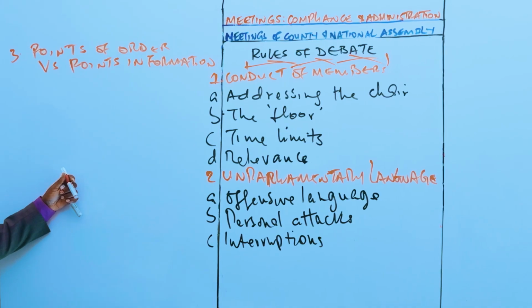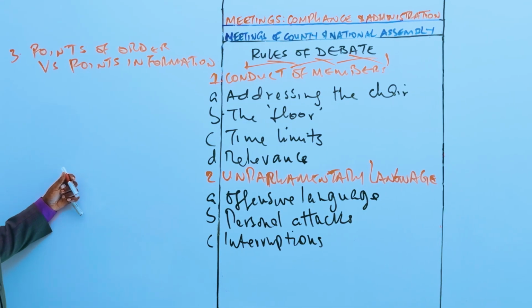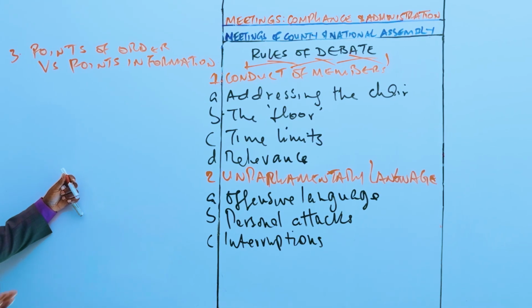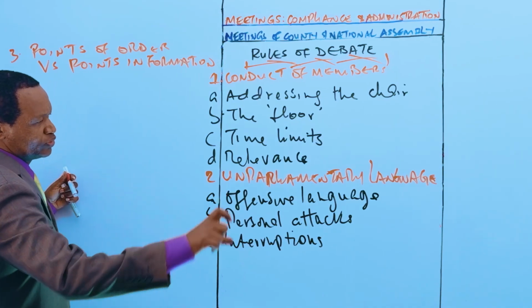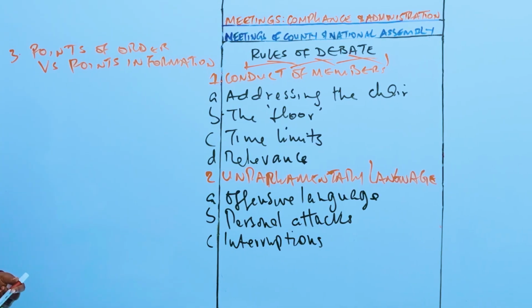But for the point of order, after listening, the speaker is required to rule on that point of order before the member who was on the floor can proceed. Are you following, candidates? Yes.